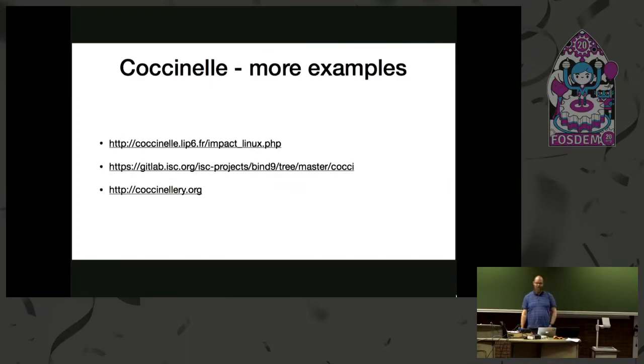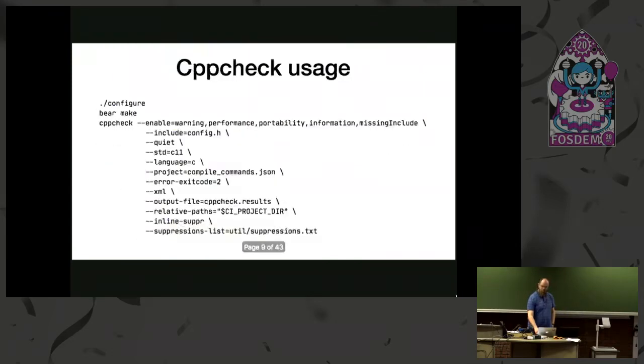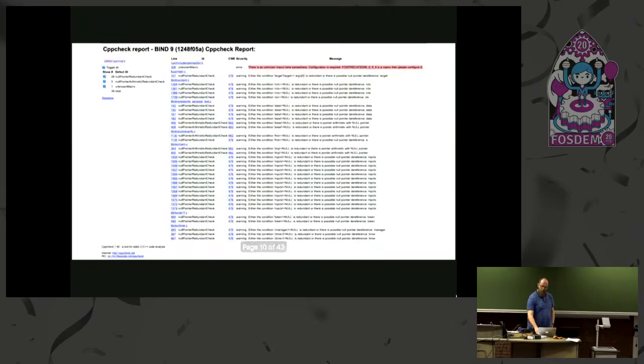Question here. I would like to ask you about CPPCheck. You use this tool to try to find bugs or exceptions in your code. Is it possible to use it for checking coding style? Well, BIND is written in plain C. Is it possible to check just coding style?